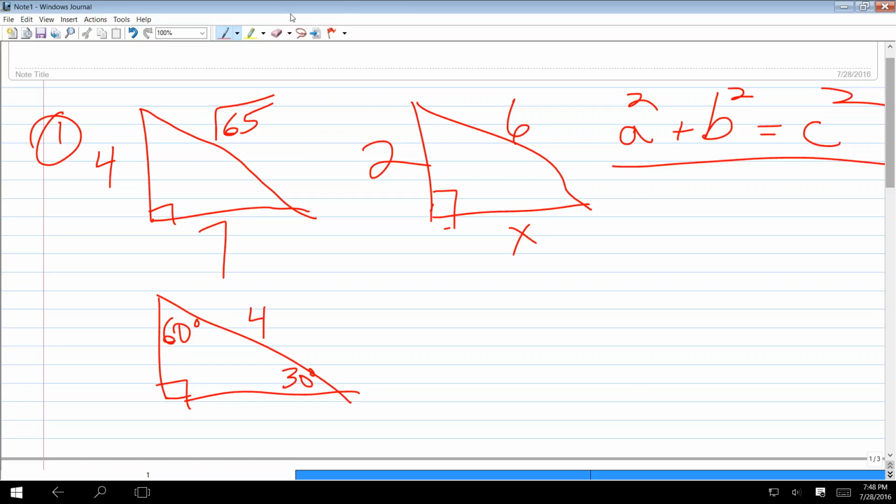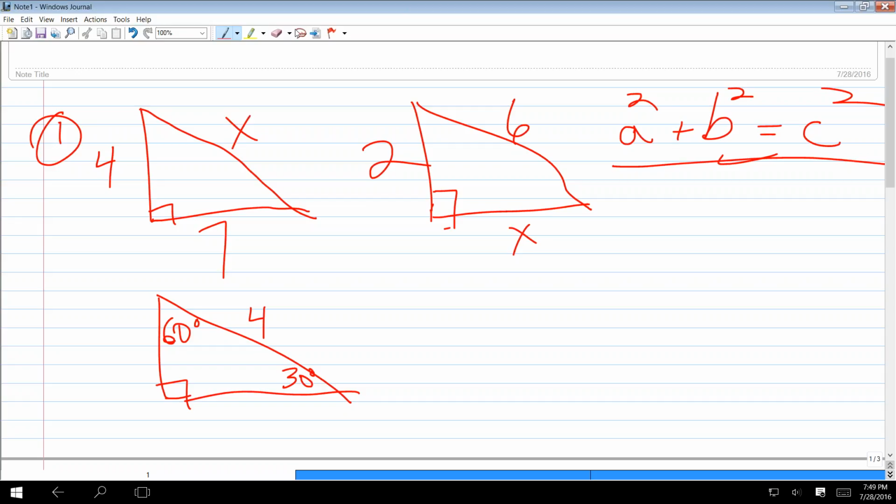When we were solving for x in the first problem, you could go back to the Pythagorean Theorem and solve for it. And when I was solving for x in the second problem, I could go back to the Pythagorean Theorem and solve for it. The problem with doing that is that you always have lots more math to do.